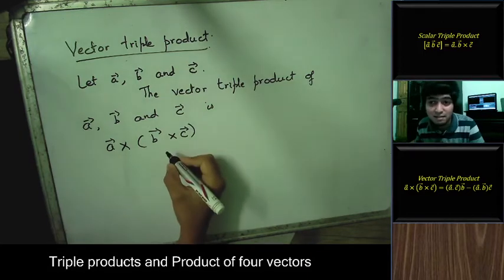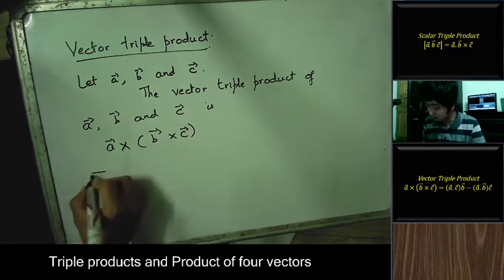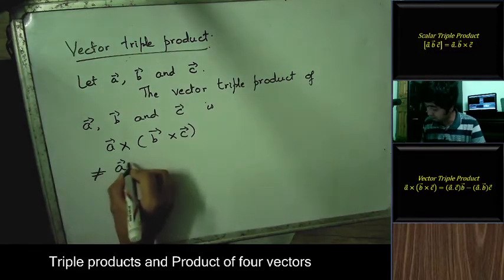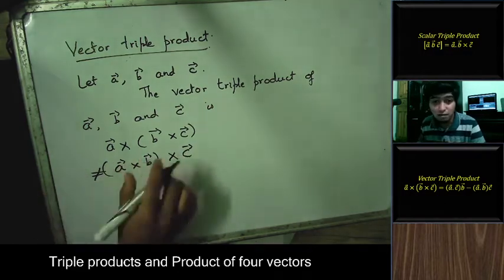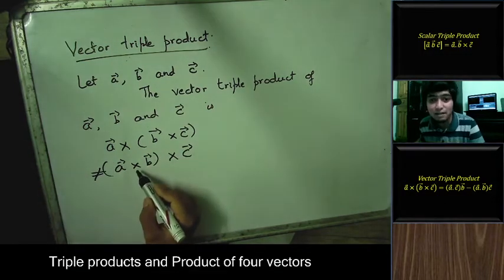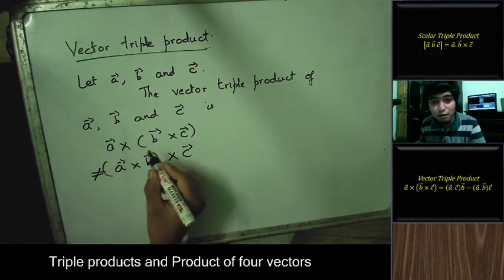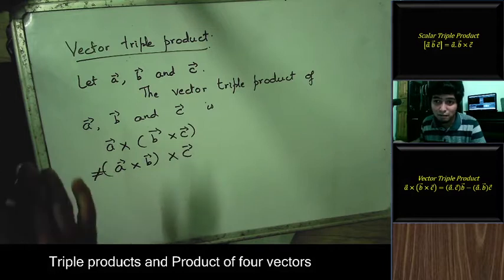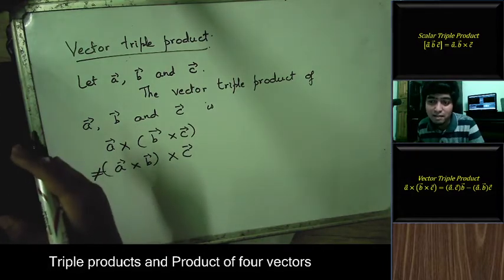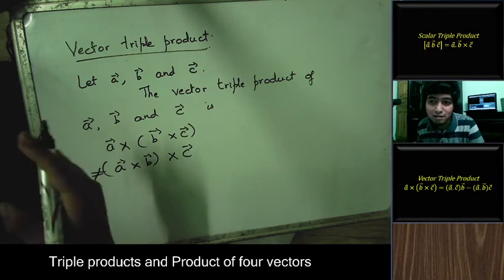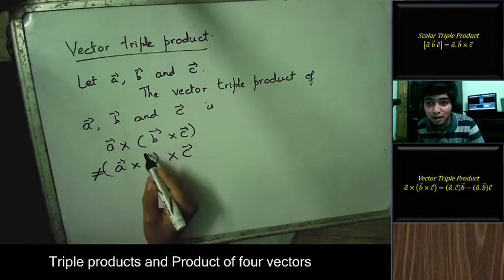Over here it is really necessary because this vector is unequal to this A cross B cross C. This vector and this vector, they are not equal, so that is why it is necessary for you to write the brackets. This is because the cross product is not associative. That is why we really need these brackets over here.